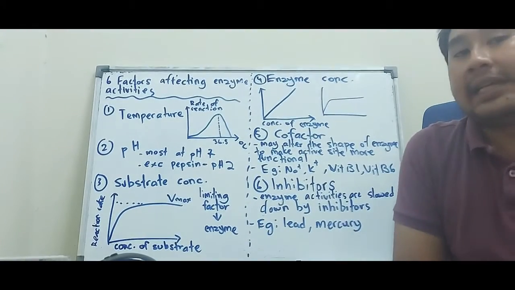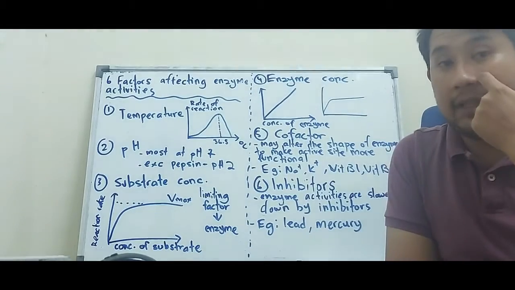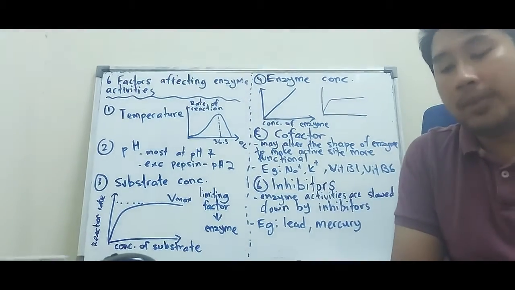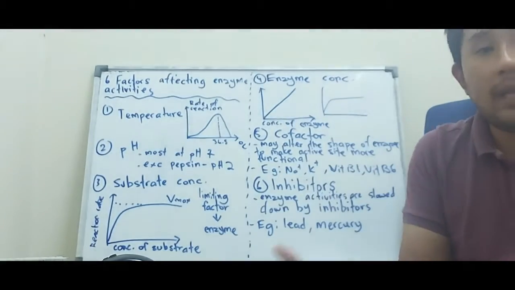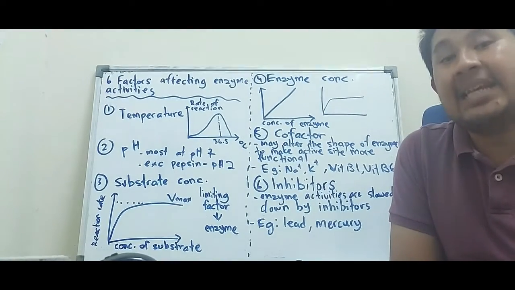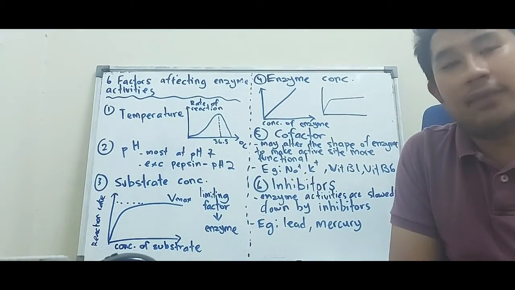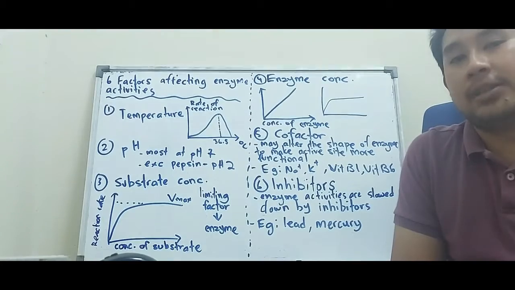Of course, they can increase the enzyme activity. Examples of these substances are sodium ion, potassium ion, vitamin B1 and vitamin B6. So these are some excuses why you should not avoid eating vegetables.